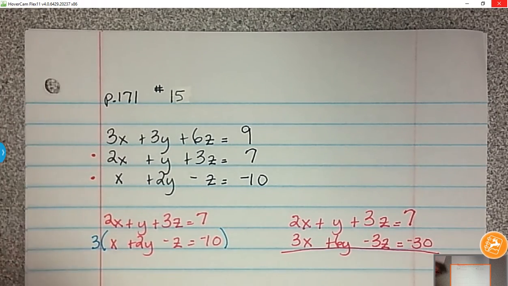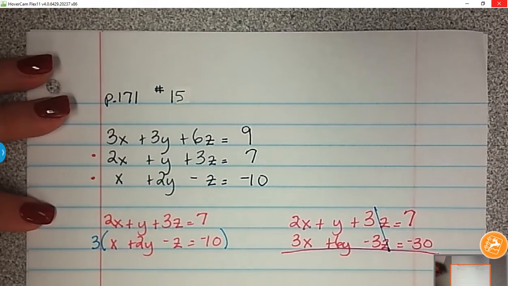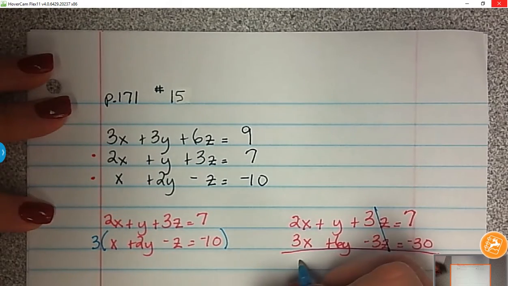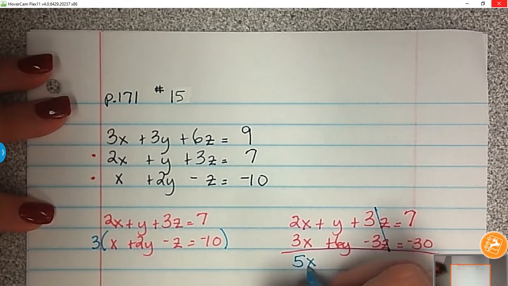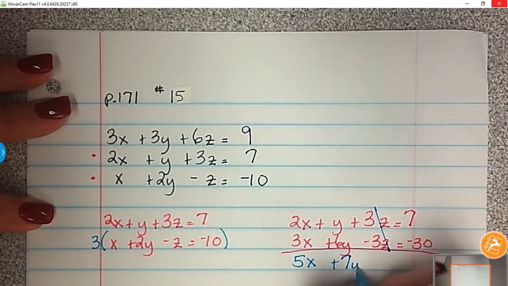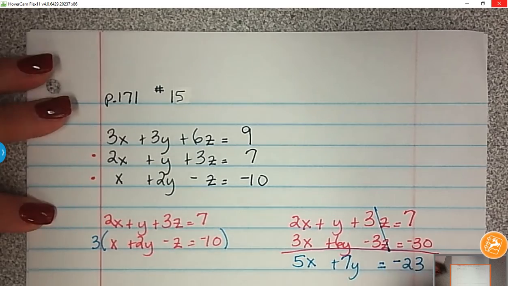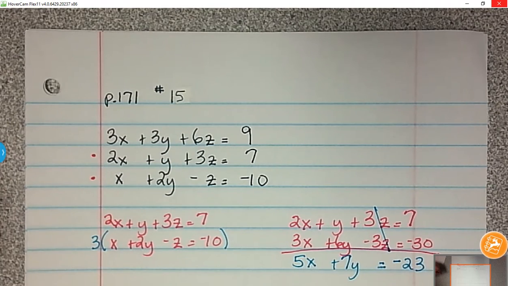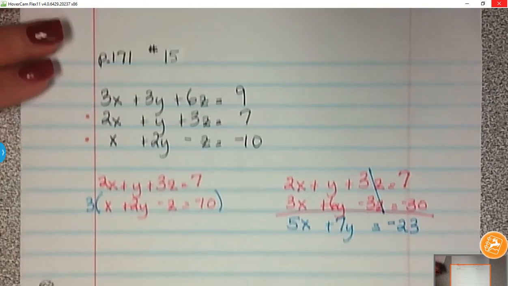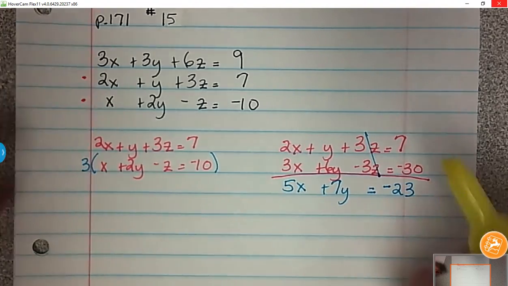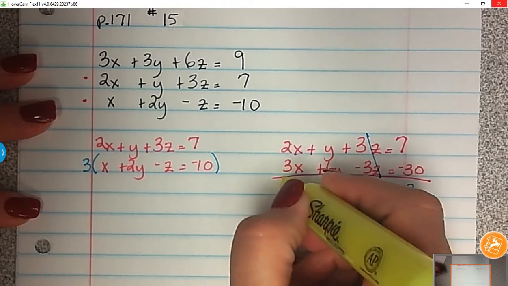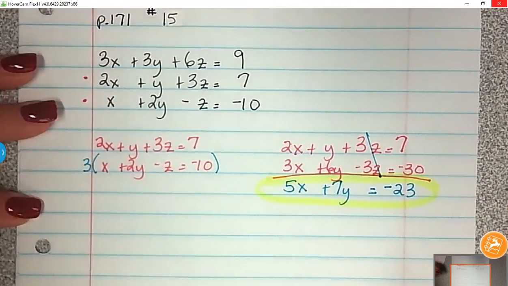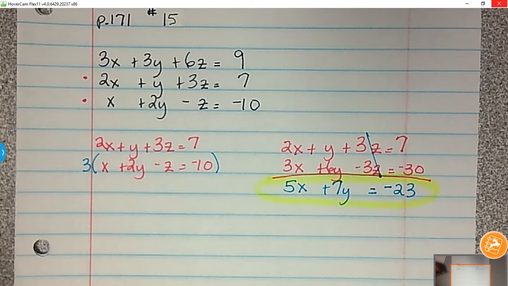So at this point, my z's will cancel, and I have 5x plus 7y equals -23. I need to make sure I remember this equation where it is, so I'm going to highlight it with a circle there.